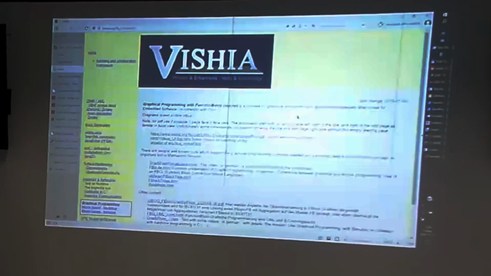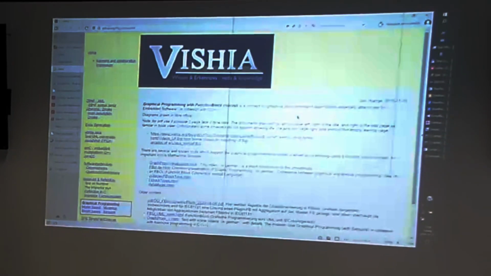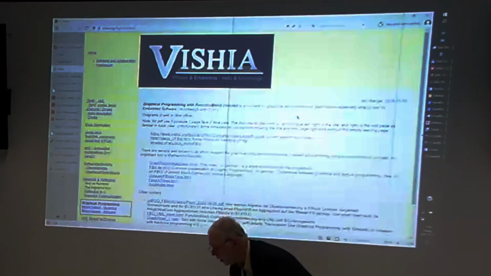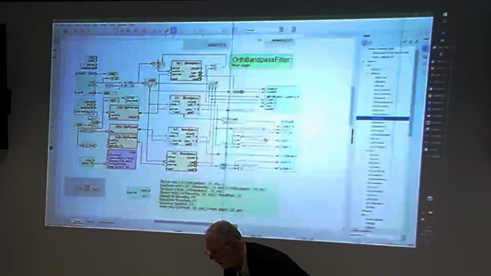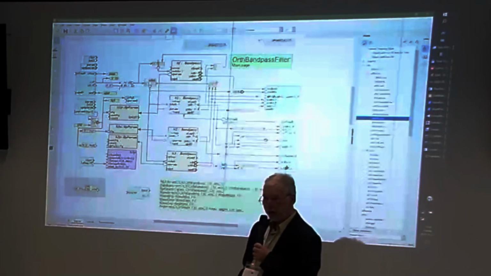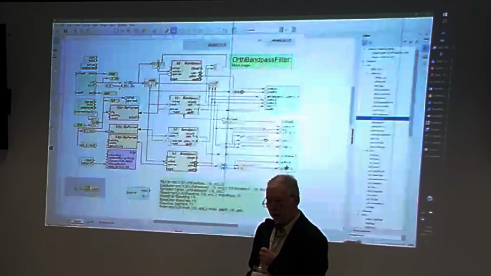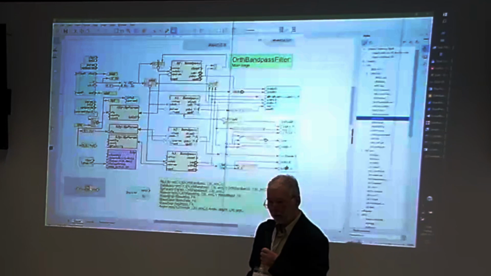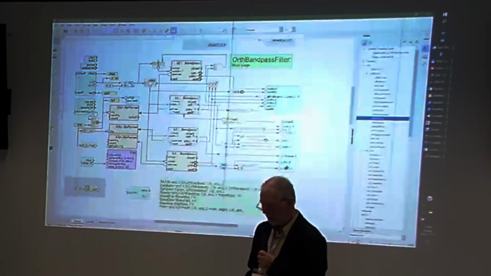I have one more question. How is the output? When you ran the bandpass filter example originally, the sine wave, how do you visualize the output?